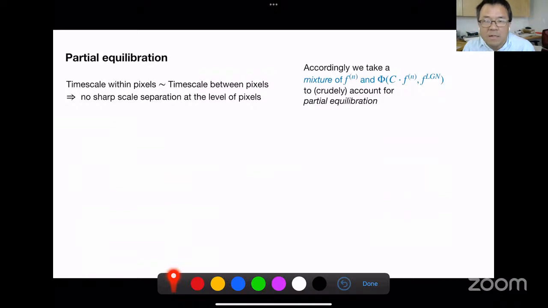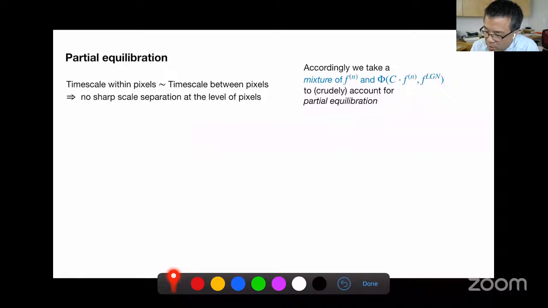Okay, so that doesn't hold in cortical dynamics. We don't actually expect there to be scale separation, so you don't expect the neurons within the pixel to actually relax to equilibrium fully before spikes arrive from other pixels, and so to make all of this work, we actually have to take a mixture of the current state, so the firing rates at the iteration, and then what my response function predicts.